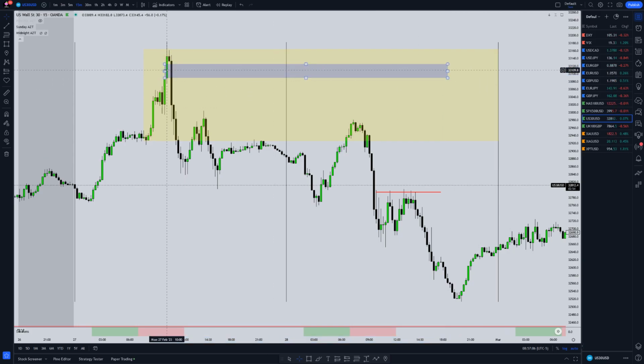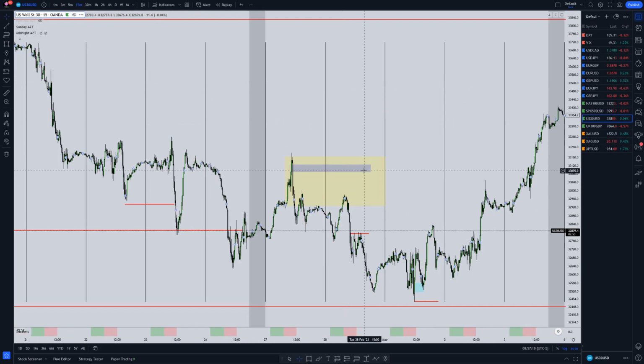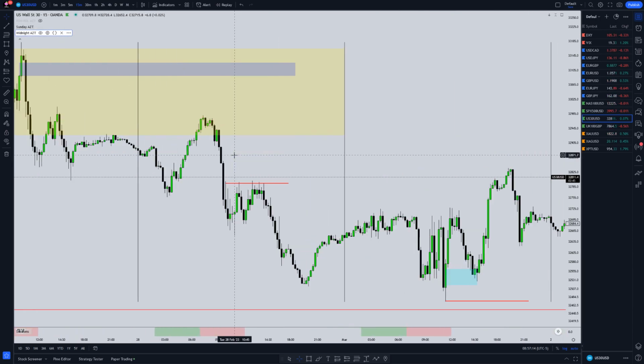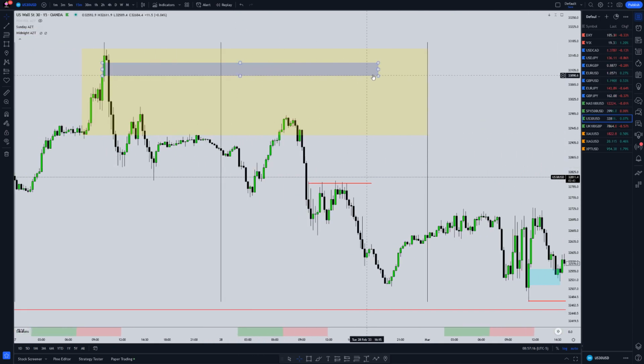There's a gap there, there's another gap there, it's overlapped. So this is a key area. It's going to get filled regardless, sometime sooner or later. But over here, this would be my most optimistic entry, because the more optimistic it is, the better the price is, but obviously the better the price is, the less likely it is to fill.